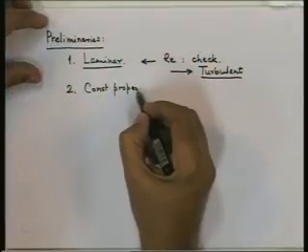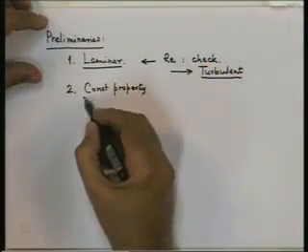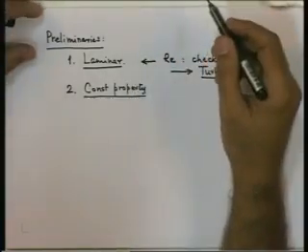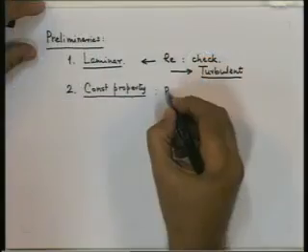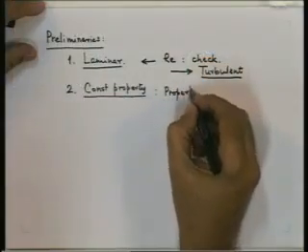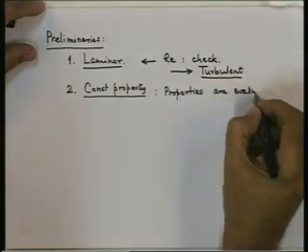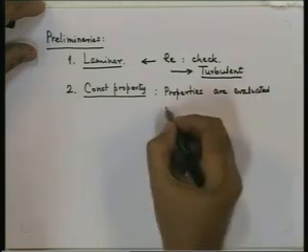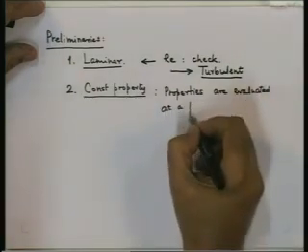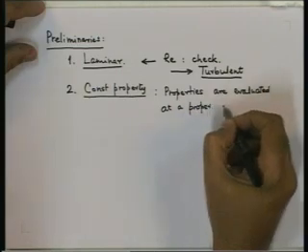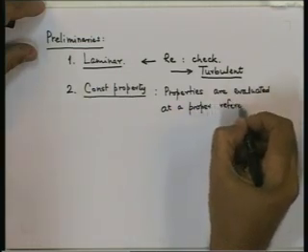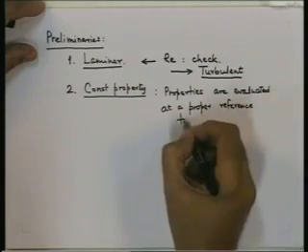So our constant property data or constant property correlations are not exactly applicable, but they work very well when properties are evaluated at a proper reference temperature.